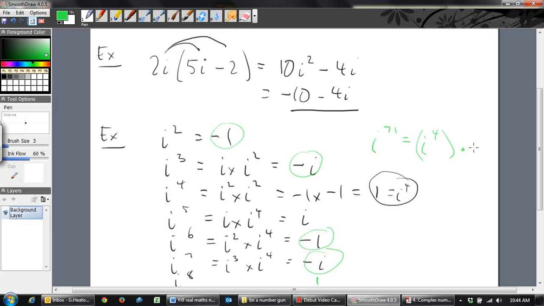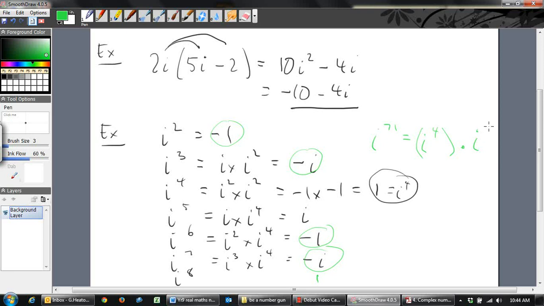So that's i to the 68 multiplied by i cubed. What's 68 divided by 4? That will be 17. So i to the power of 4, 17 lots of that, and then multiply what's left over, because that gives you i to the 68. 68 is divisible by 4, and then you've got i cubed left over. That's just equal to 1, and so that's just equal to i cubed. i cubed is just negative i.